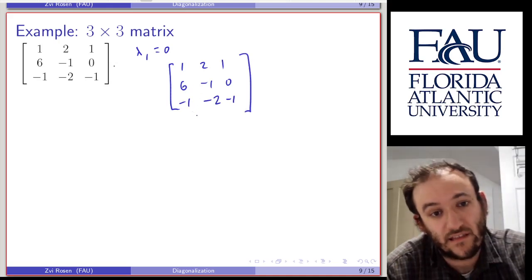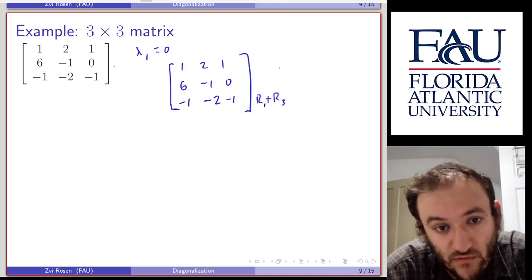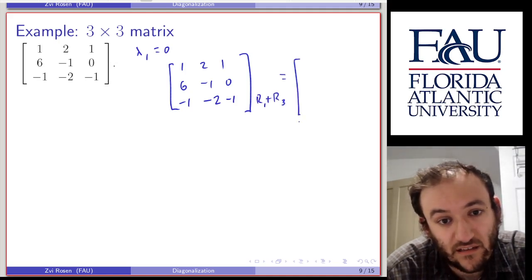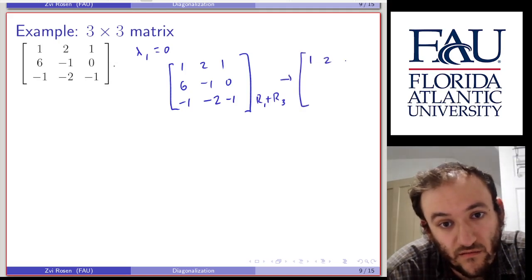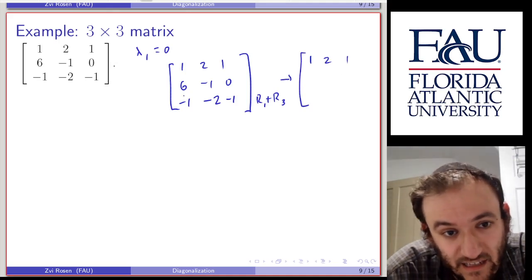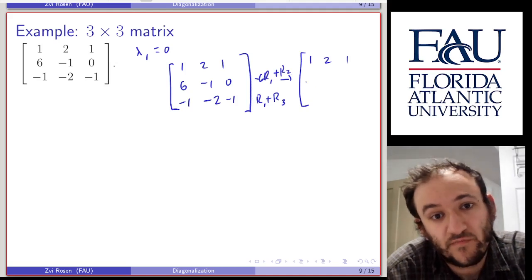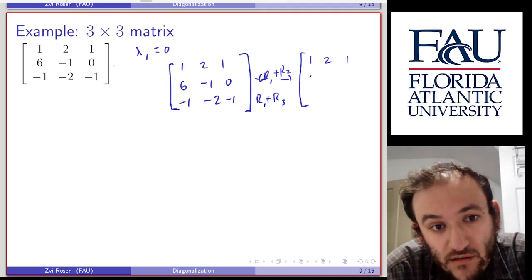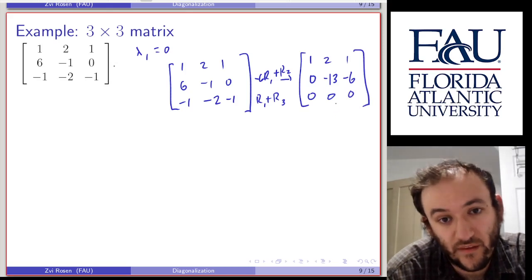The first row added to the third row gives zeros, since these are opposite, so that's cleared. While we're at it, let's add minus 6 times row 1 to row 2. So we get 0 here, this is -13 and -6, and the third row is zeros.